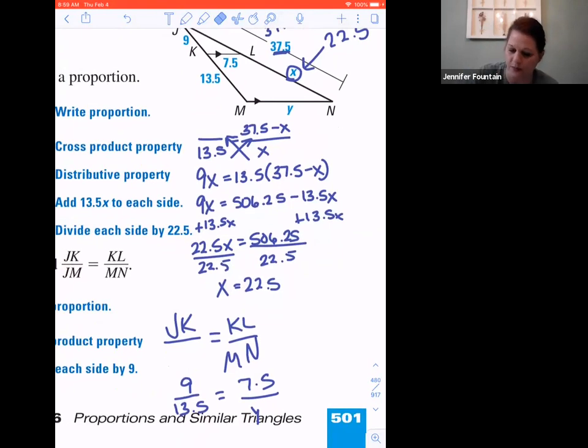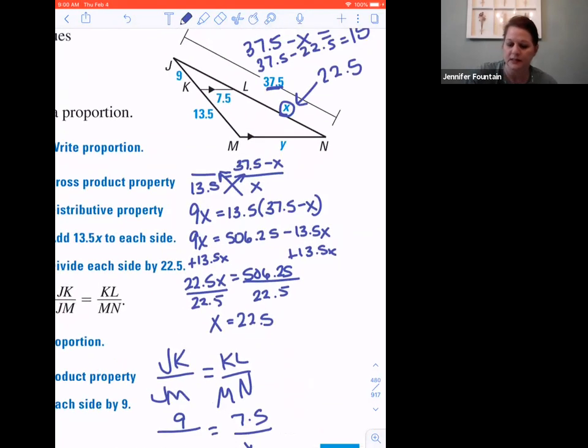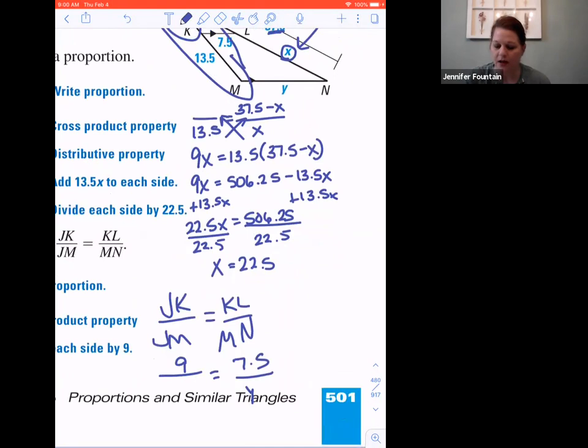I've got to do JK over JM. I wrote that wrong. So down here, I'm not doing 9 over 13.5. I've got to do 9 over the total measure of the side. Since I'm doing JK, I'm doing part to whole. So 13.5 plus 9 is where we had the 22.5.